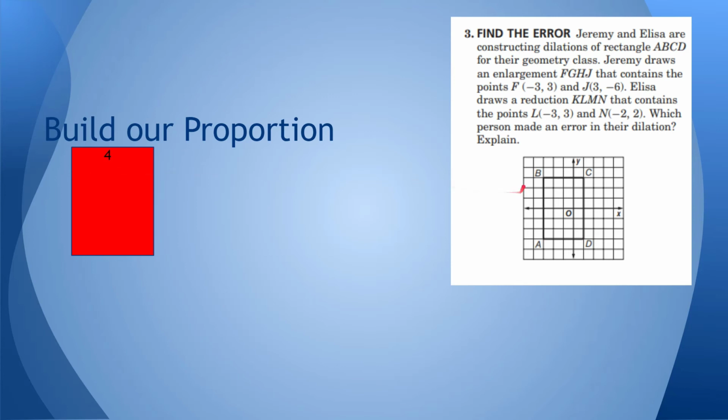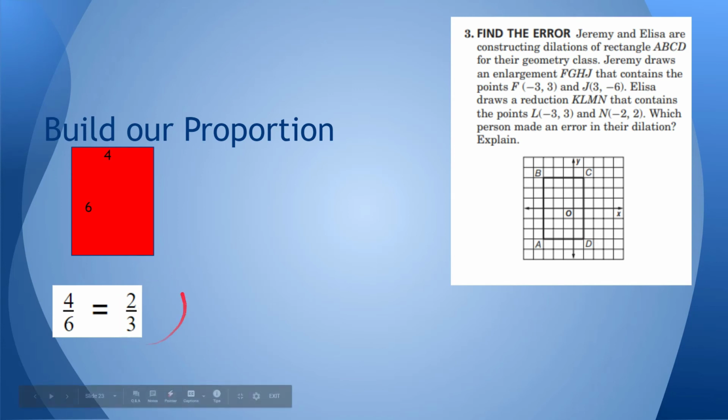And what about the height of the rectangle here? How many boxes? We've got 1, 2, 3, 4, 5, 6. So we've got 6 for this side of the rectangle. So our first ratio here is 4/6, but that can actually be reduced down to 2/3.